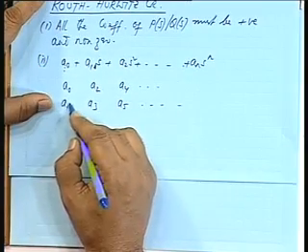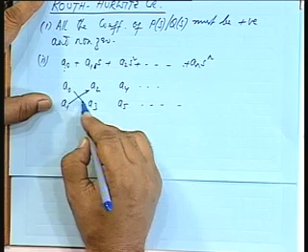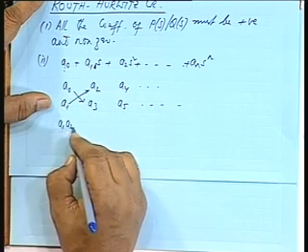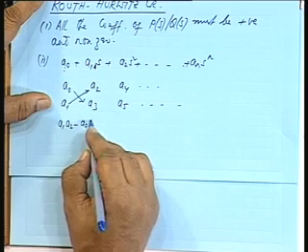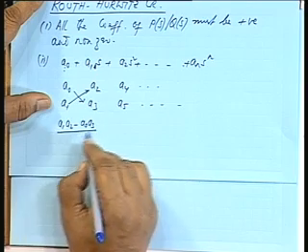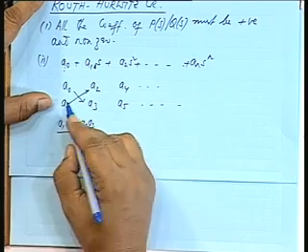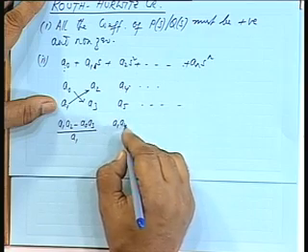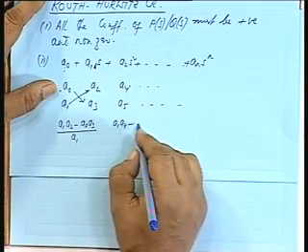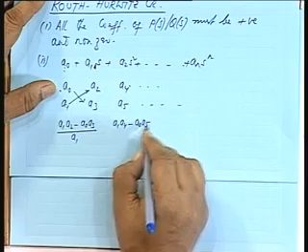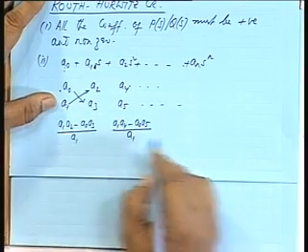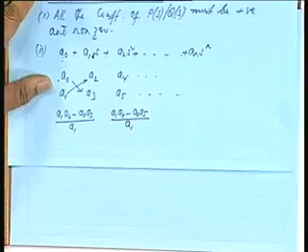Next, a1 a2 minus a0 a3, divided by a1. Similarly, a1 a4 minus a0 a5 divided by once again a1, and so on, you make another row.